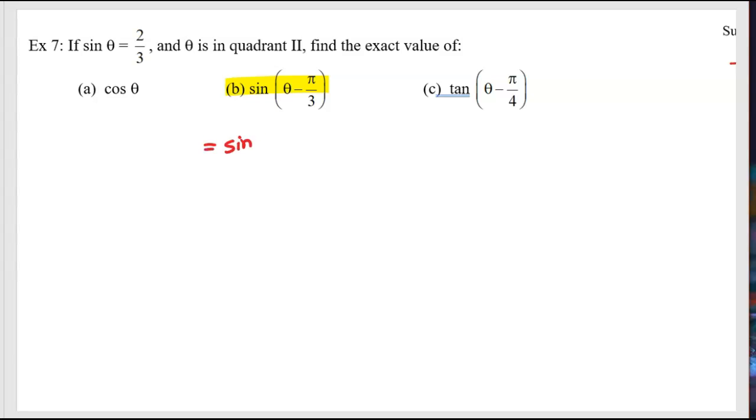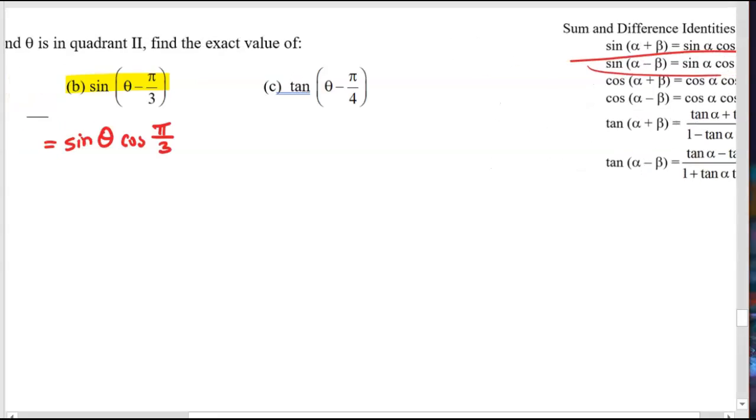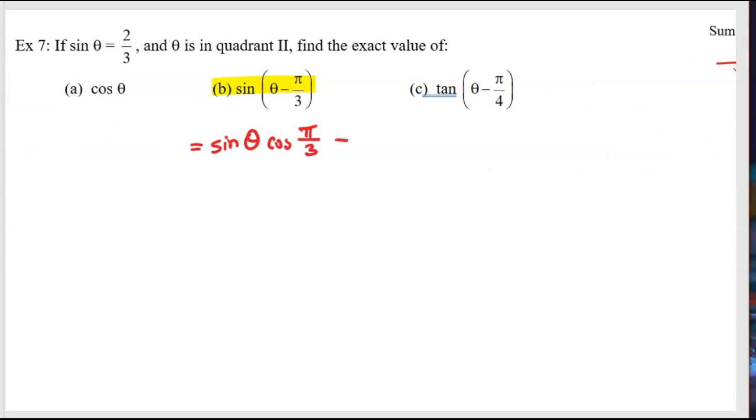Because it's a difference, it's still a difference for sine. The signs for the sine function stay the same. The signs for the cosine function switch. So now we have minus cosine theta times sine pi over 3.